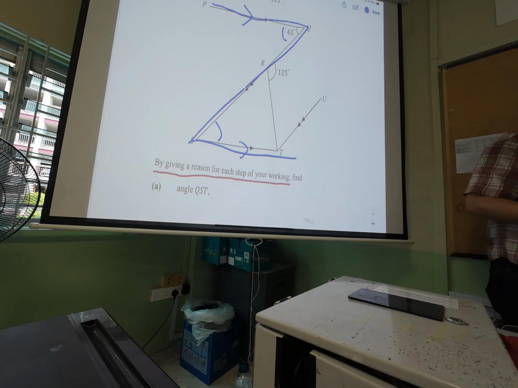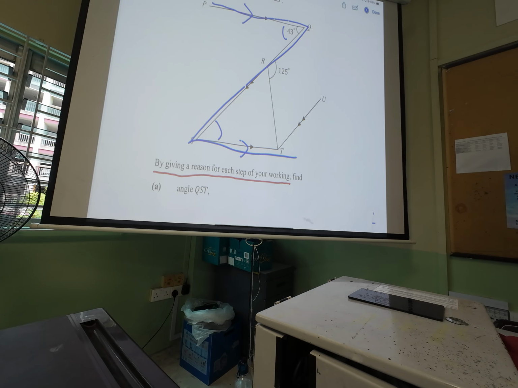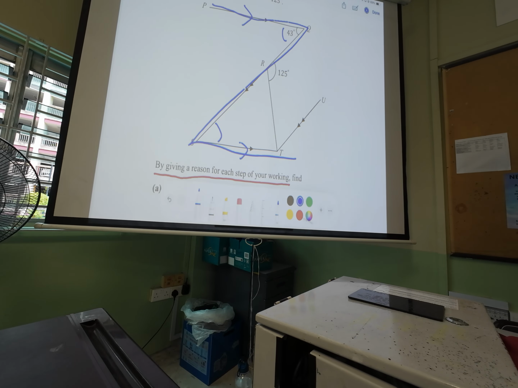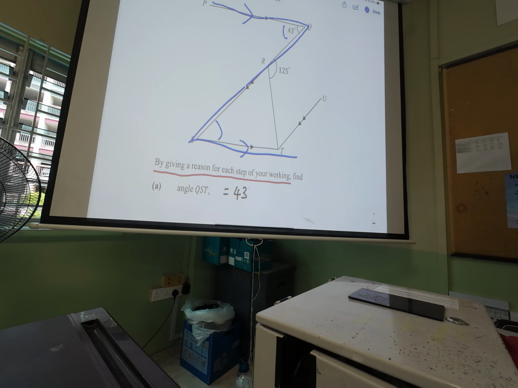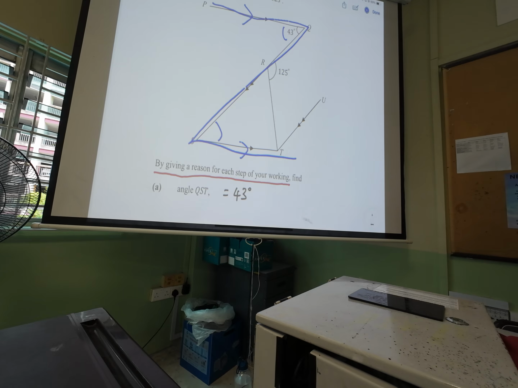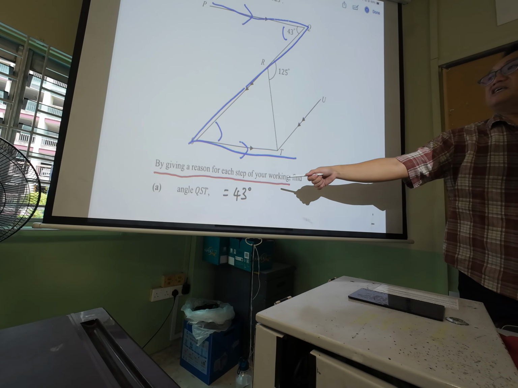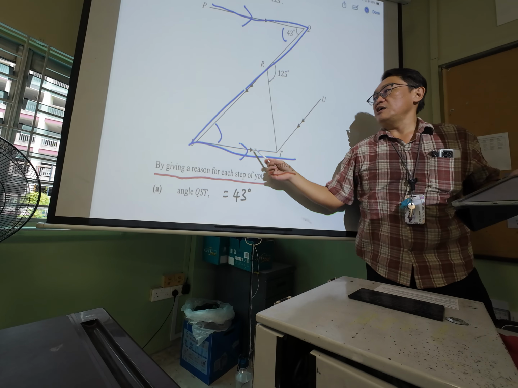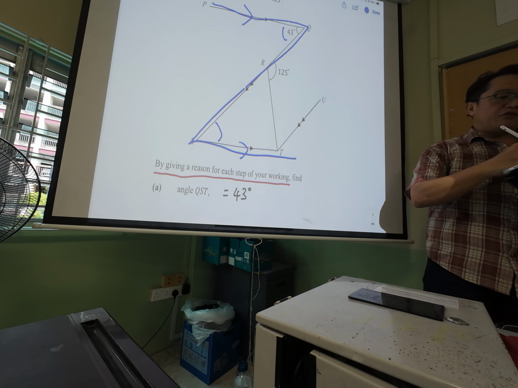And why are they the same? Because of alternate angle. So angle QST is equal to 43 degrees. You don't even need working. You can just say angle QST is 43 degrees. Just that you need to write your reason.